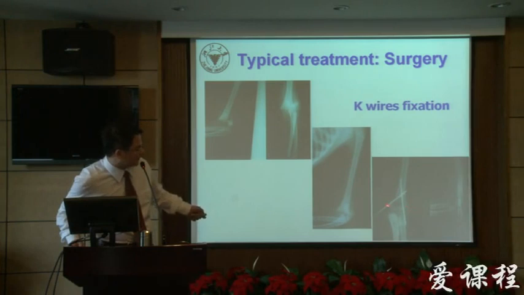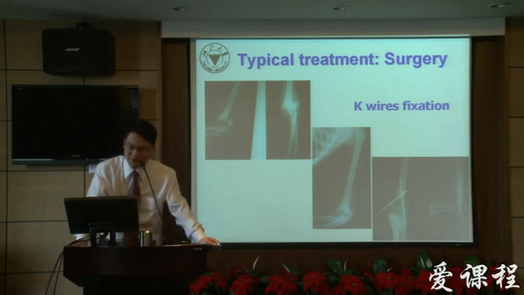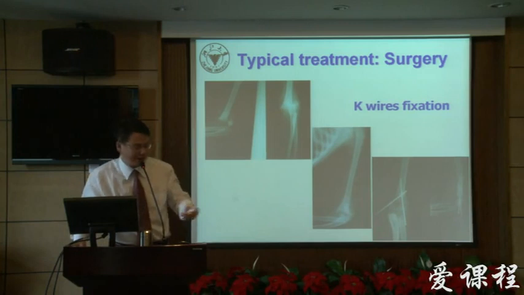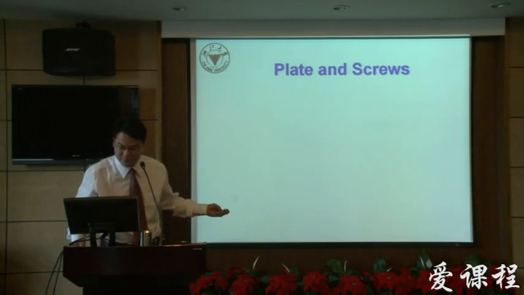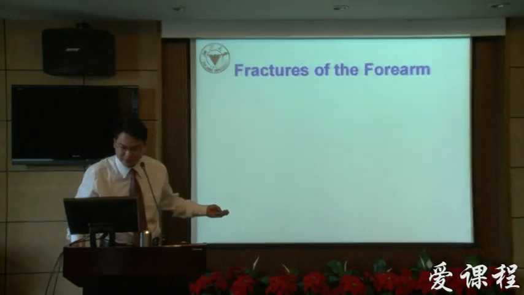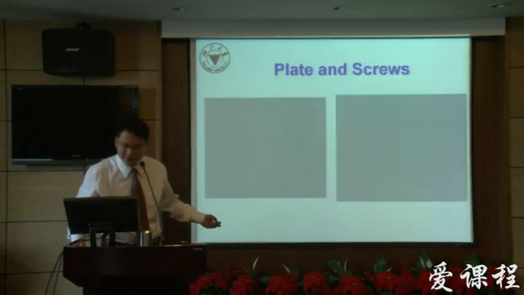The metaphysis is not healed, so we should use as few screws as possible. And in this case, it's good. We just use 2 K-wires. In adults, we can use plate and screws.